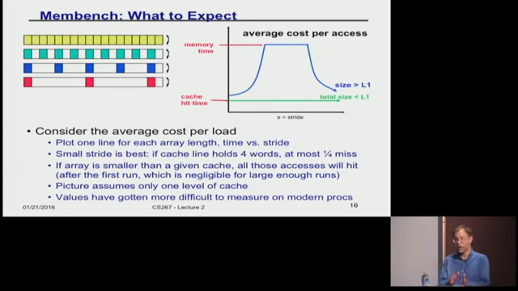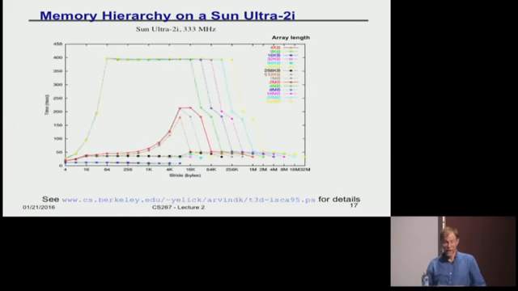So now, this is what we should mentally expect. Let me show you some real data, and let's try to reverse engineer the architecture. Okay, so this is now an old machine, and it's old enough that this simple model captures everything that it does. And you can see I've run the experiment many different times. There are many different curves here, starting from 4 kilobytes all the way up to 64 megabytes, the yellow line.